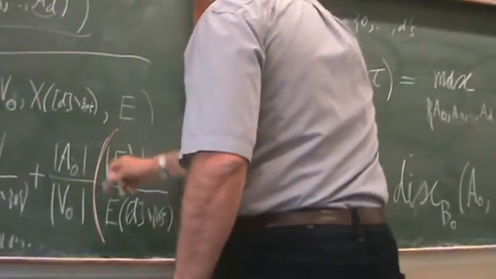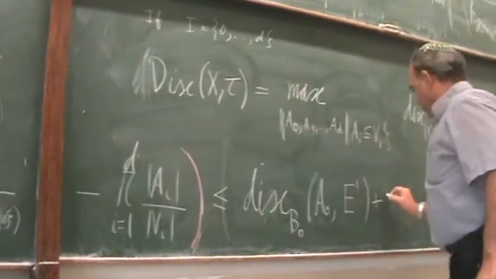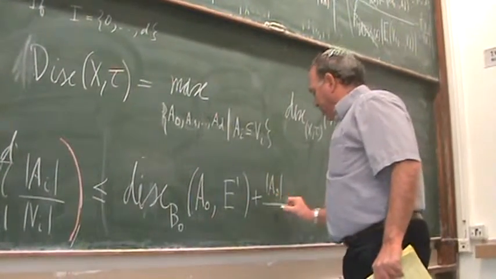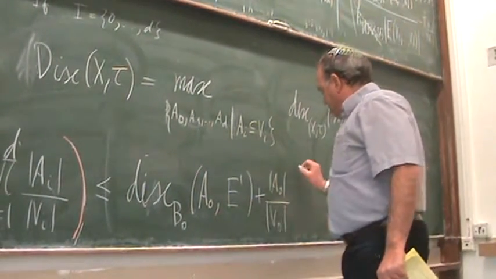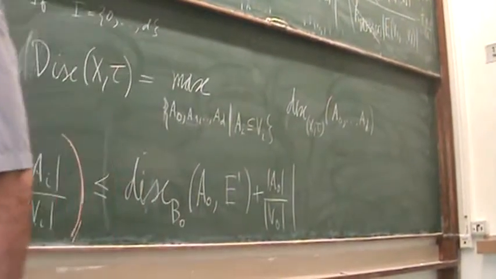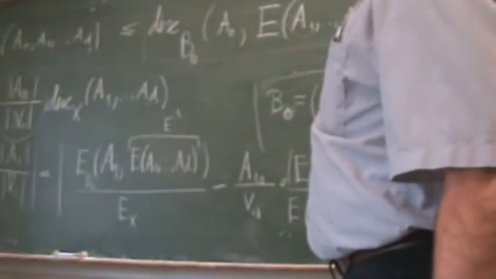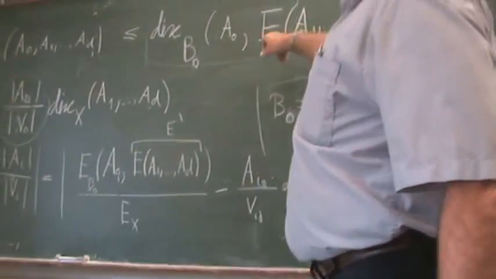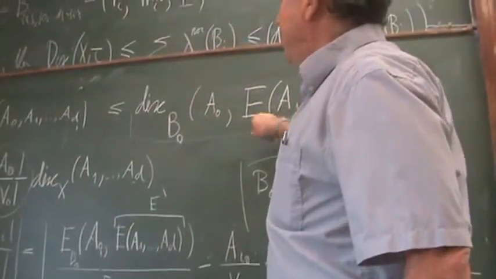And now, plus A0 over V0 times what? Now we have to understand, so this is exactly what I promised you here, plus A0.